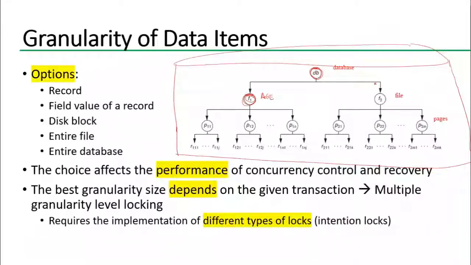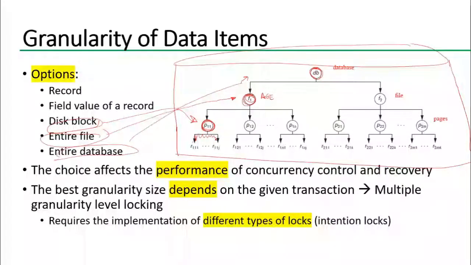We can have entire files. I think this is a file for a certain table. We can have disk blocks. Disk blocks for several records. You can have several records depending on the disk block factor.